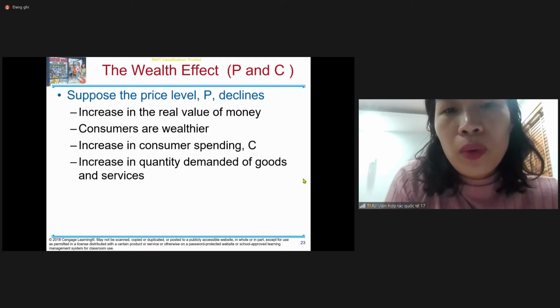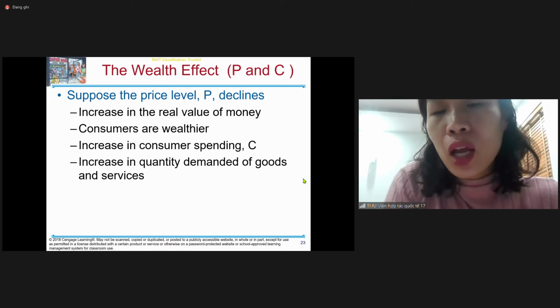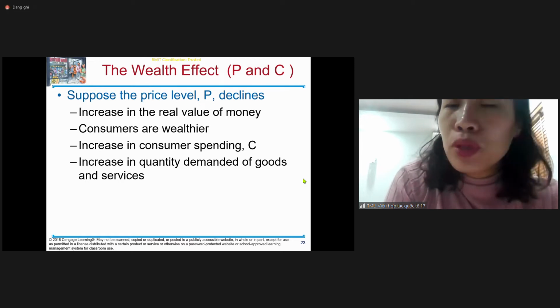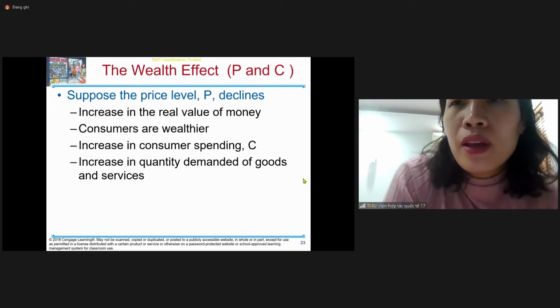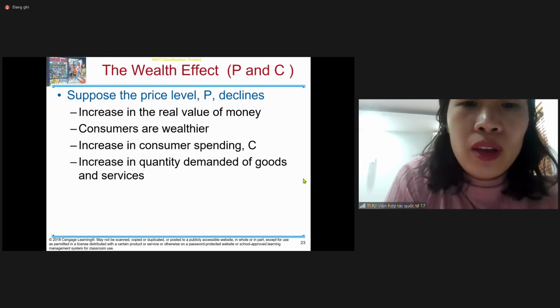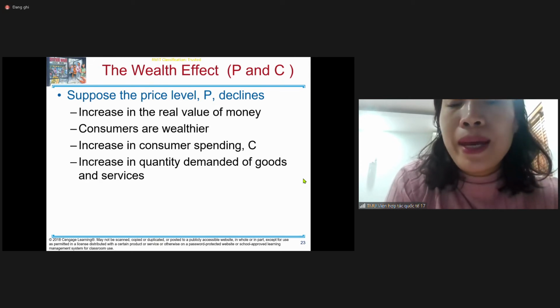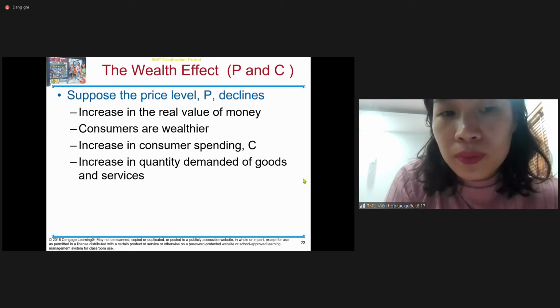And also when the price decreases, we will see an increase in consumer spending, or consumption. Yeah, because the price is low now, people are motivated to spend more, right? Because they feel happier, they feel better when they spend now because the price is low.